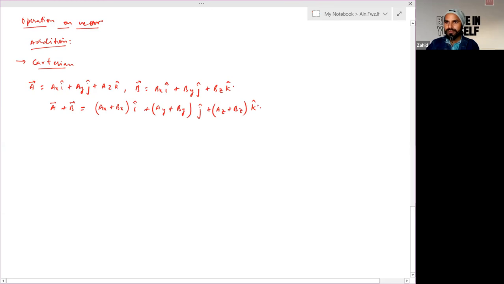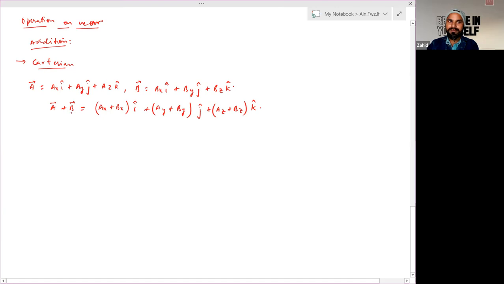Using the principle of homogeneity, which tells you if two quantities are added or subtracted, it is possible only if both quantities are defined in terms of vector from the same direction. So it will be x component with x component, y component with y component, and z component with z component as well.